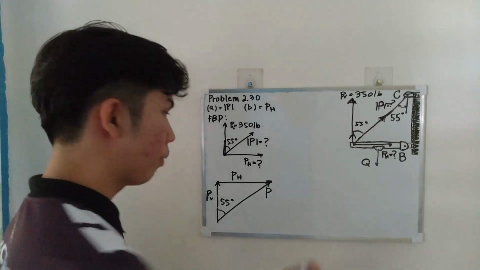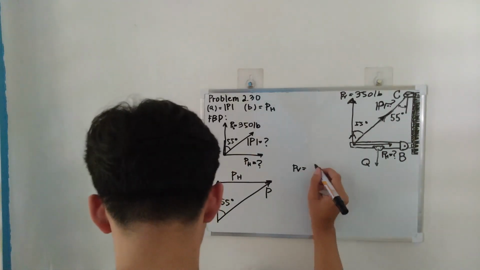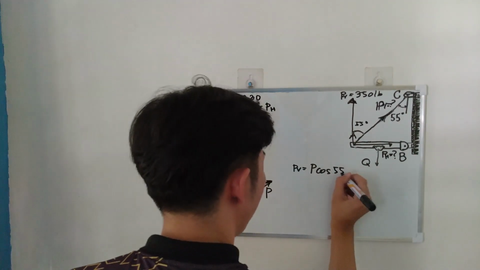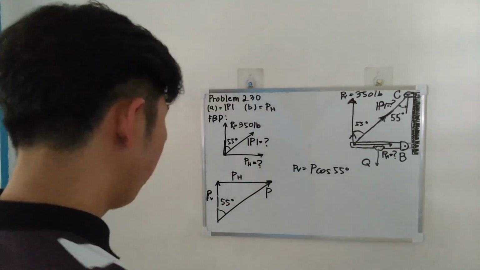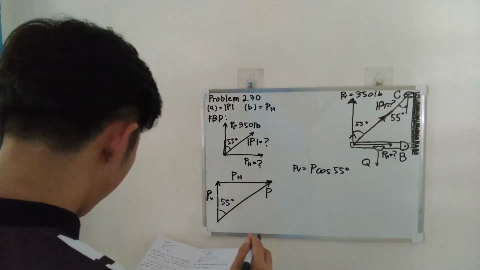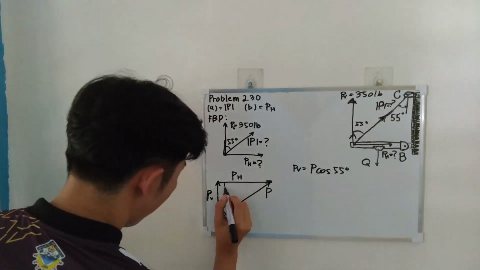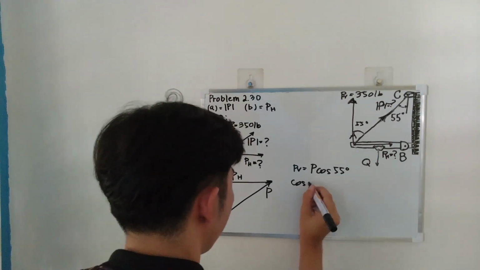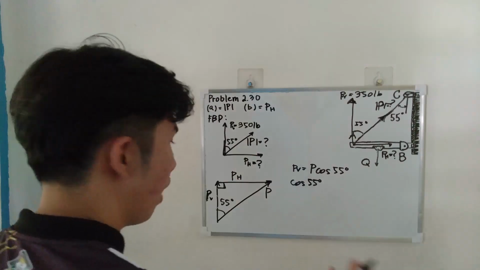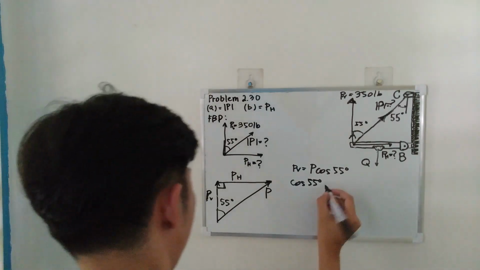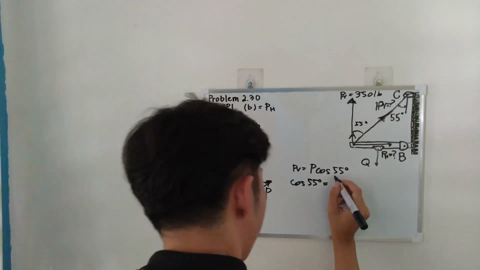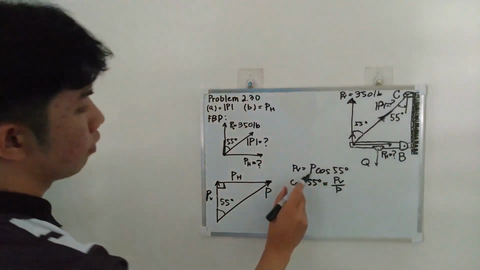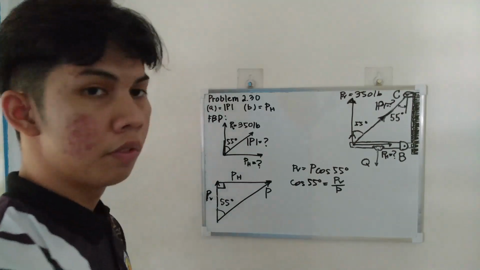So PV equals P cosine of 55 degree. Applying cosine 55 in this right angle triangle, we have the base and the hypotenuse, so cos 55 equals PV over P. The PV equals P cos 55 degree.